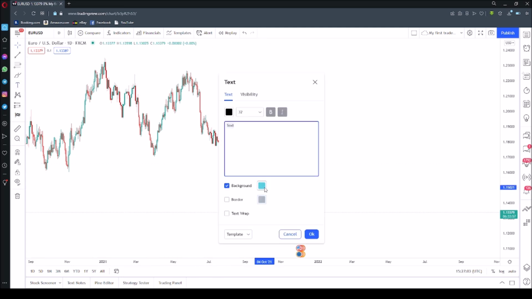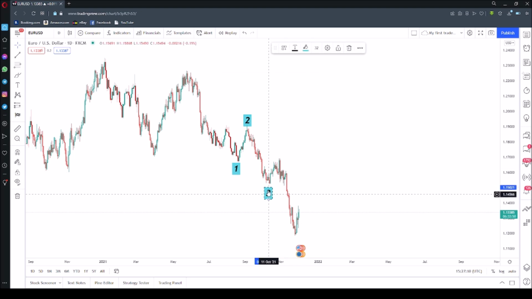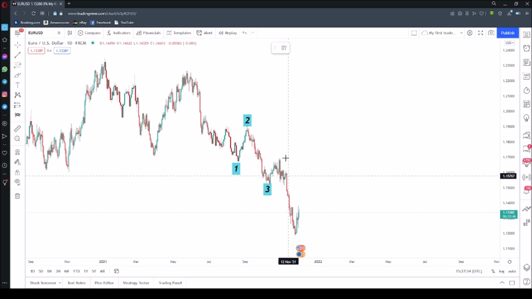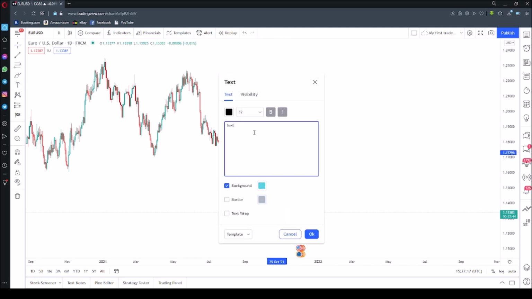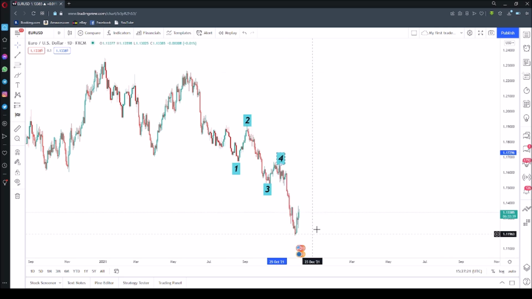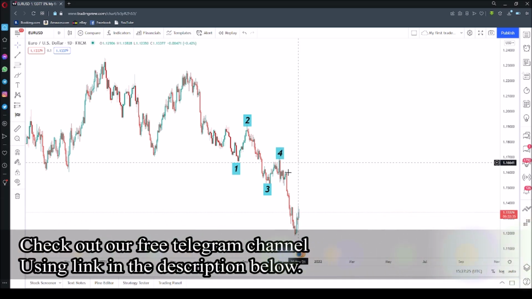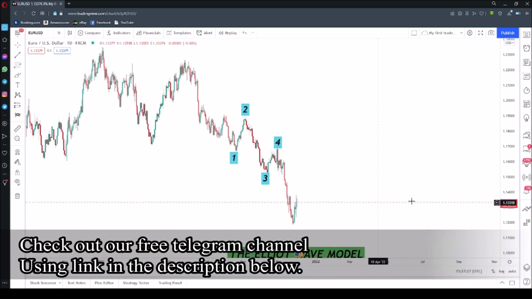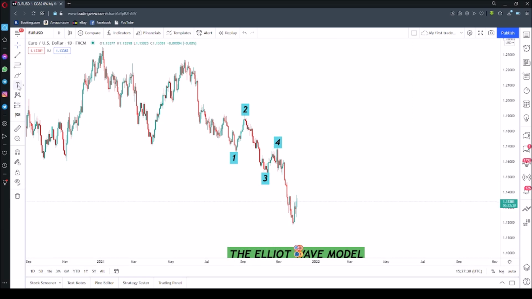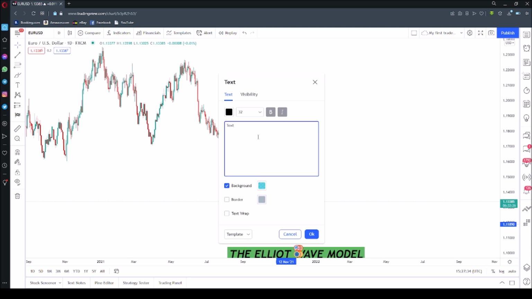So in this case, this now becomes our wave 3, and then wave 4, then from wave 4 we go to wave 5. In this case, we had wave 5.